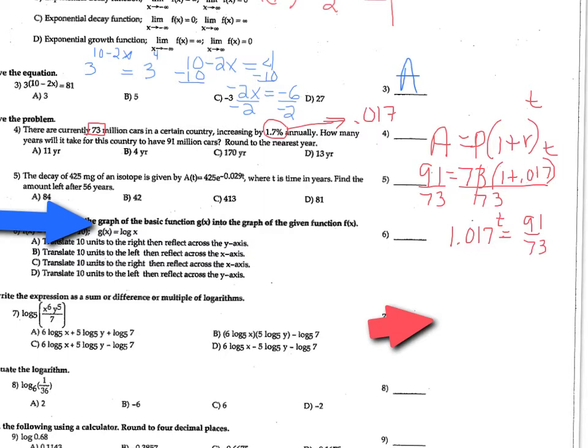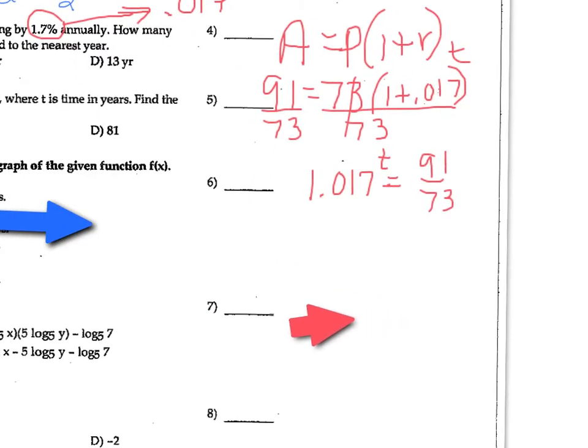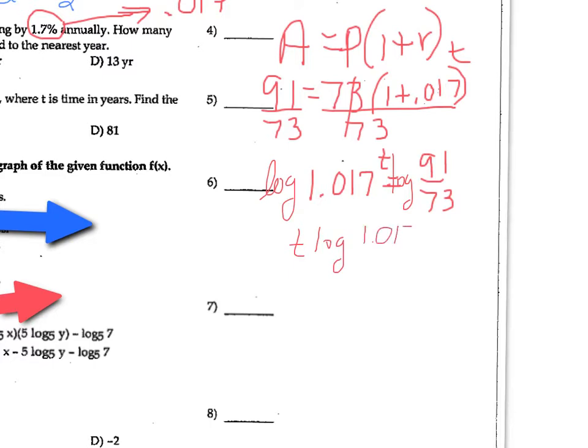Then since I want to bring the t to the front, what I do, I get the log of both sides. And what you're going to have is t log of 1.017 equals the log of 91 over 73. Okay? And then from here, we just divide both sides by the log of 1.017.